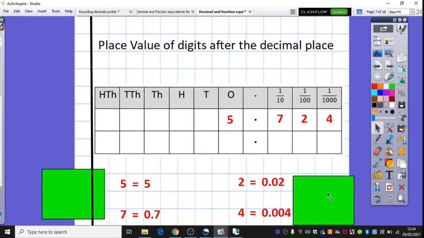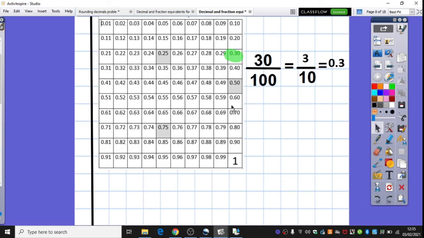And for those of you that have started to look at thousandths, here's our thousandths column, and we record that as 0.0 because there's no tenths, 0, there's no hundredths, 4, 0.004.